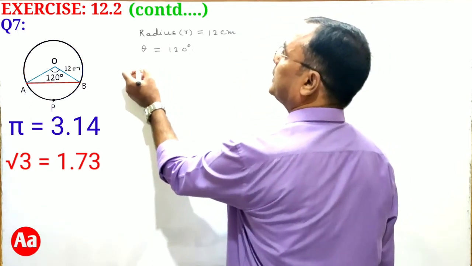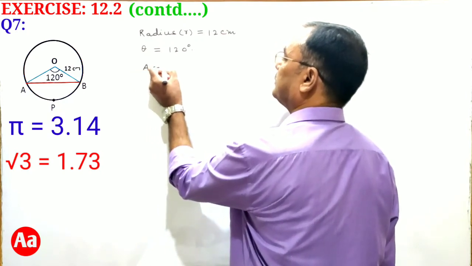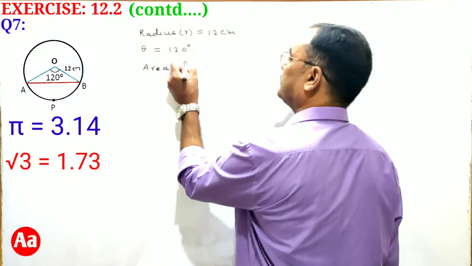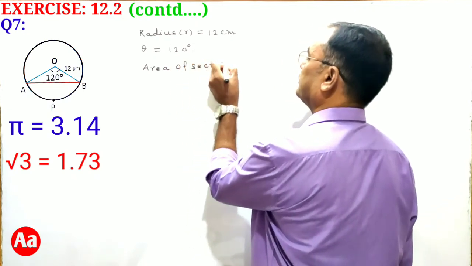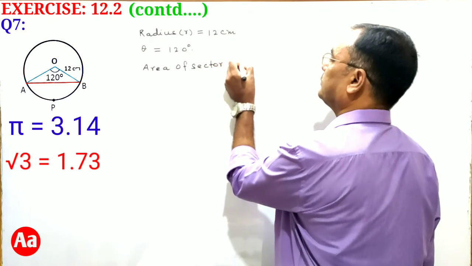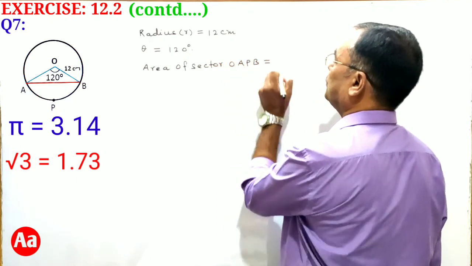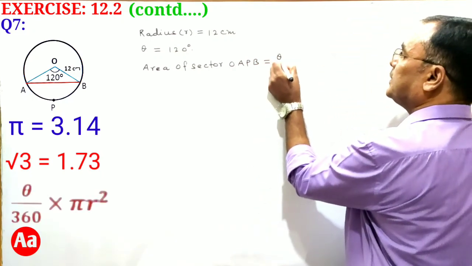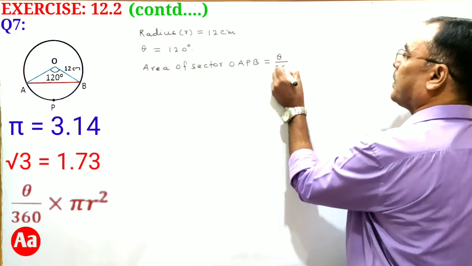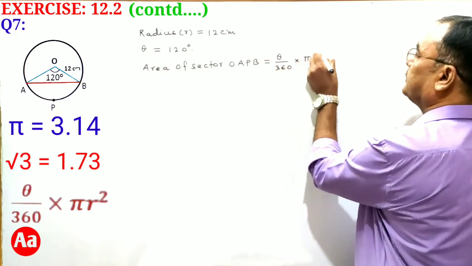So area of sector OAPB is equal to theta by 360 into pi r square.